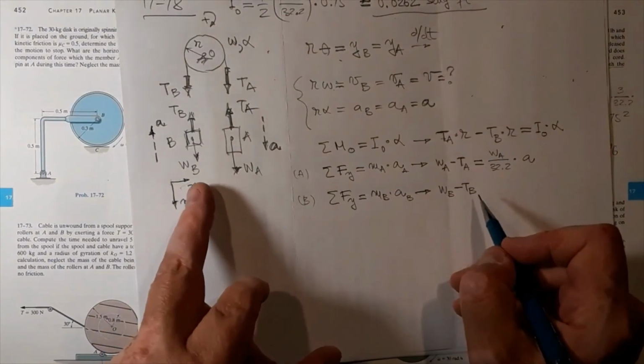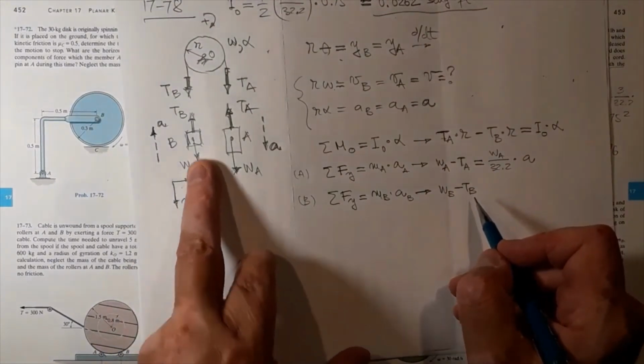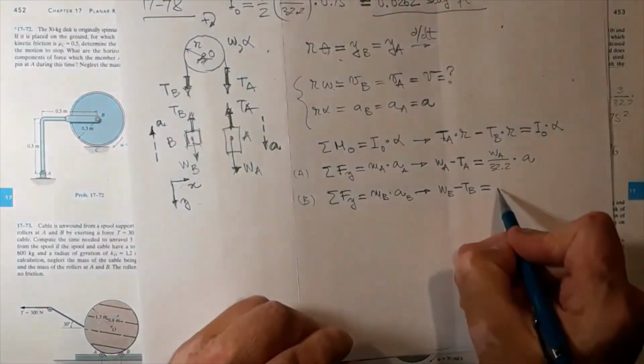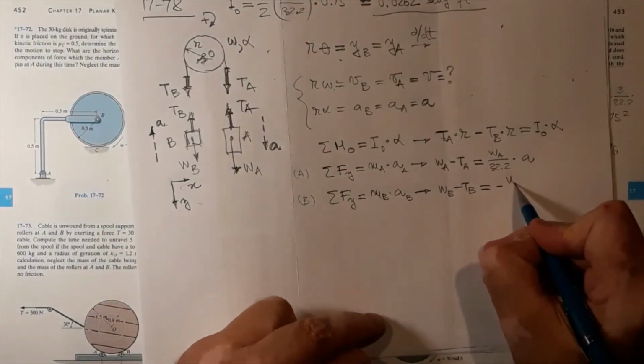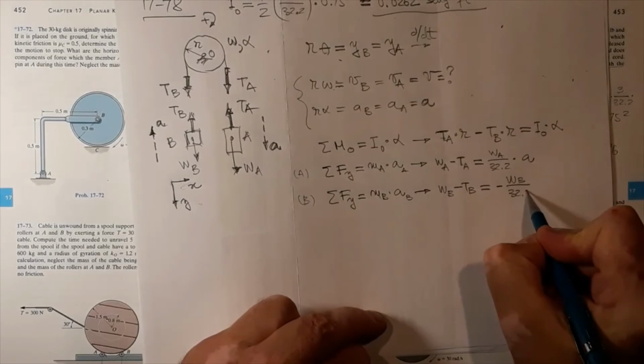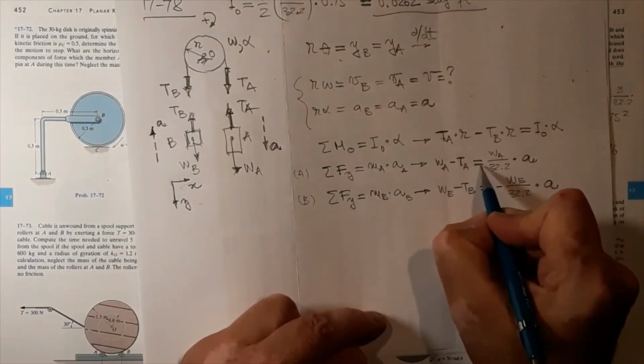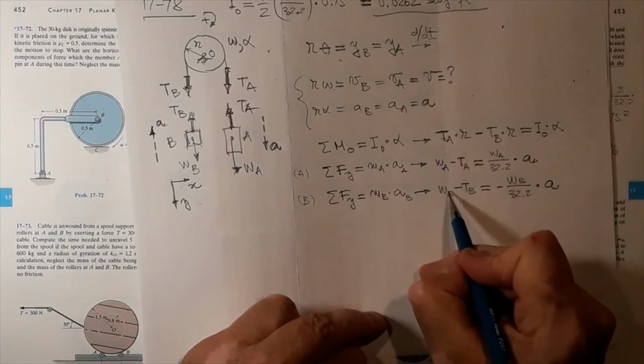Okay, so I said WB minus TB equals, and acceleration is up, it's negative, WB over 32.2 times acceleration. Okay?